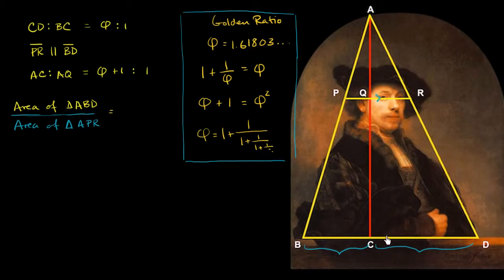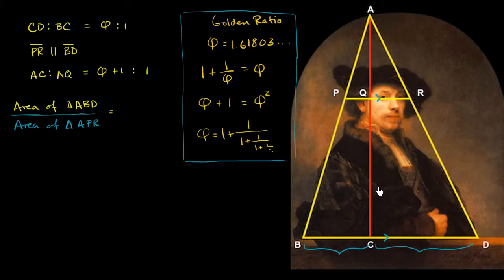And the next clue is what tells us that Rembrandt really thought about this. The ratio of AC to AQ. AC is the altitude of the larger triangle. The ratio of that to AQ, which is the altitude of this top triangle, that ratio is phi plus 1 to 1. So clearly Rembrandt thought a lot about this.